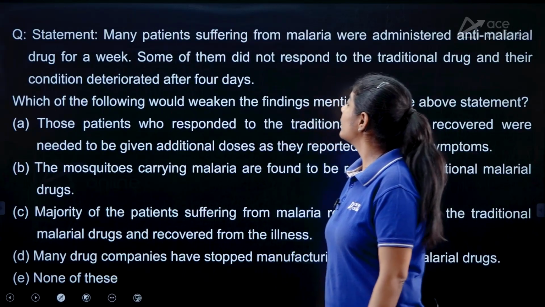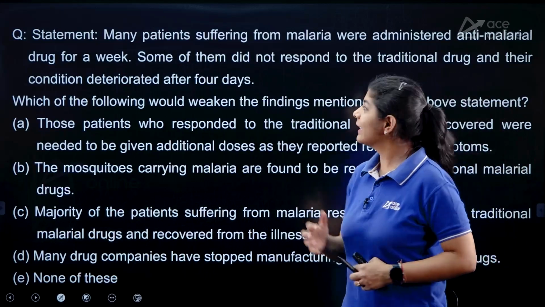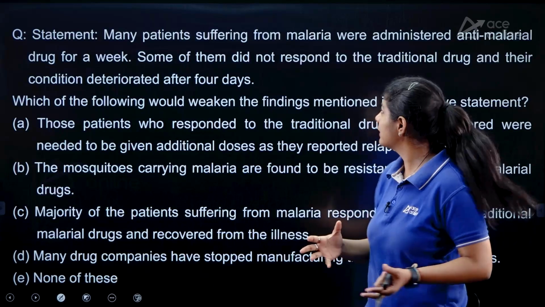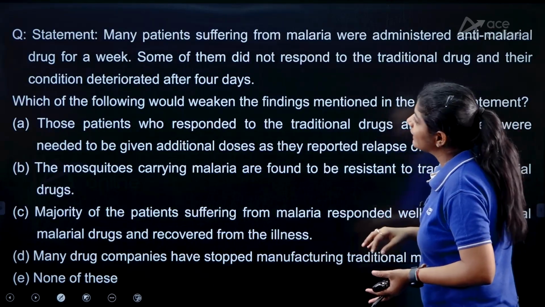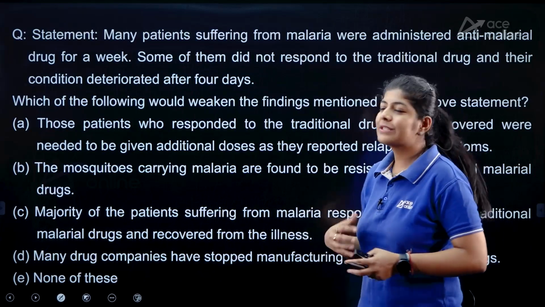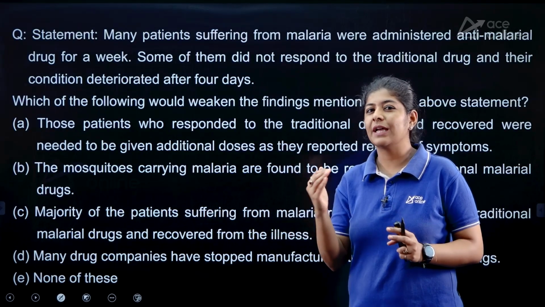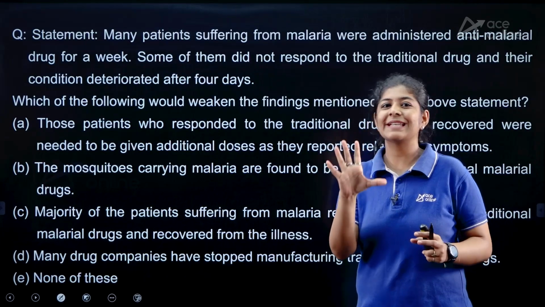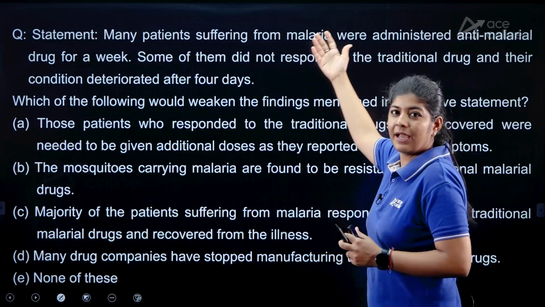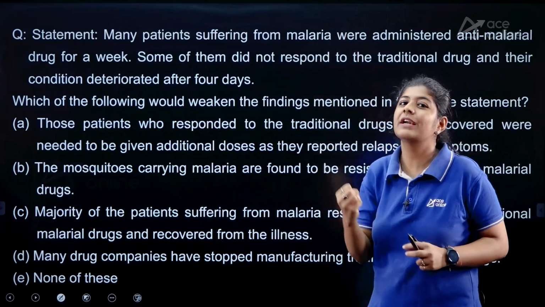Which of the following would weaken the finding mentioned in the above statement? देखो, हमें बोला गया है कि बहुत सारे पेशेंट्स हैं जिनको मलेरिया हुआ था, उनको एंटी मलेरियल ड्रग दी गई है 1 वीक के लिए, ठीक है. और उनमें से बहुत सारे लोगों ने उस दवाई पर रिस्पॉन्ड नहीं किया और 4 दिन बाद उनकी हालत बहुत बुरी हो गई है, ठीक है. ये बेसिकली स्टेटमेंट है. हमें ऐसा कुछ ऑप्शन सेलेक्ट करना है जो इसके अपोजिट हो या फिर इस स्टेटमेंट को वीक कर रहा हो.